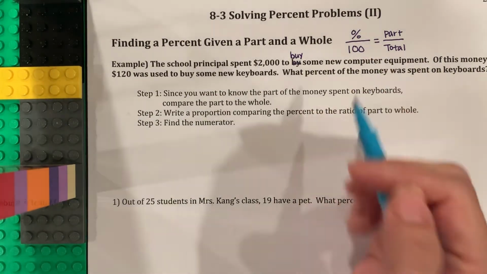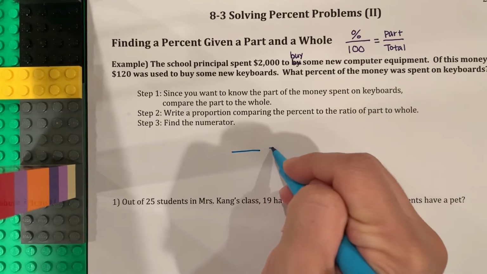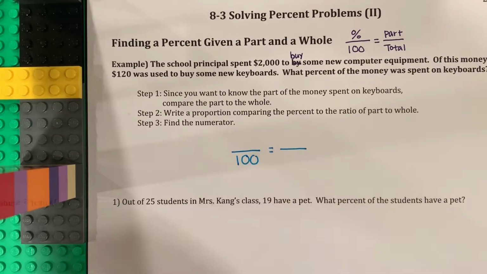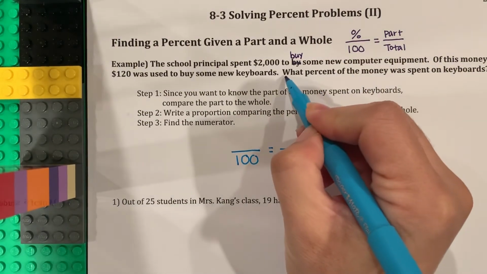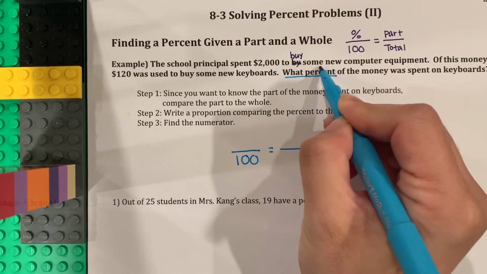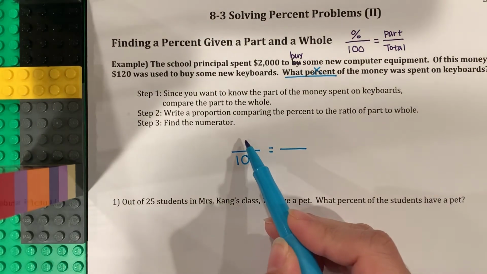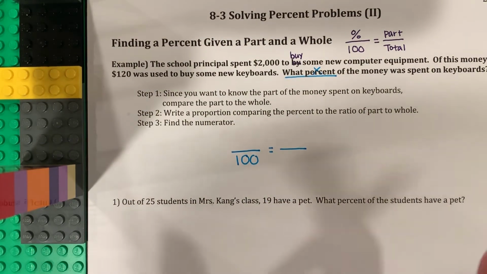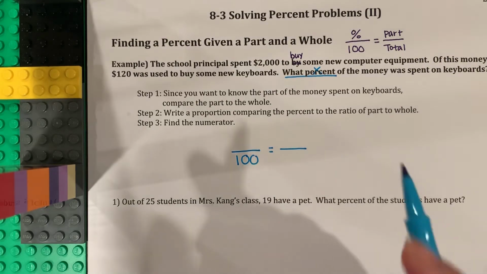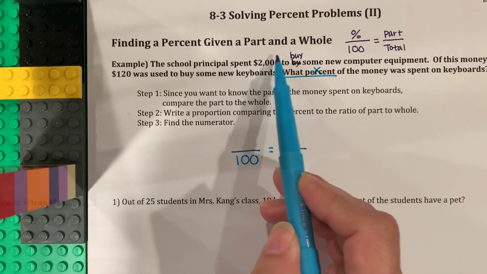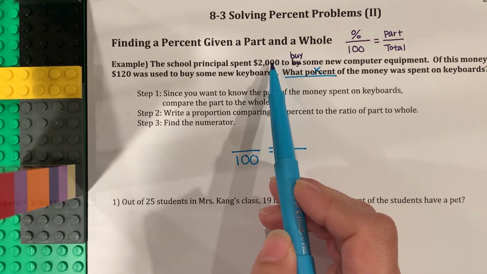So, first thing I'm going to do is write 100 for the 100%. And hopefully you can tell that it says what percent, which means your X should be the percent right here. Because it says what percent, that means the percent is what you're looking for. It also says that the principal spent $2,000 to buy some new computer equipment.